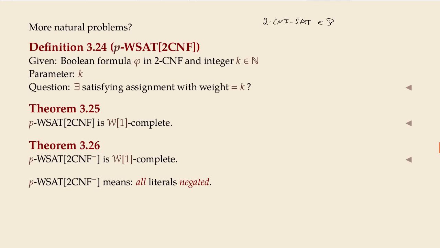It's not only in P, it's also easily solved in practice by very reasonable and fast algorithms. But if you add this restriction on the assignment, it's apparently a hard problem. And this is already a bit surprising, right? But still, this seems to be the most natural problem that you find for the class W1.